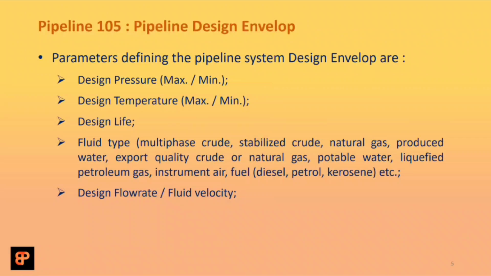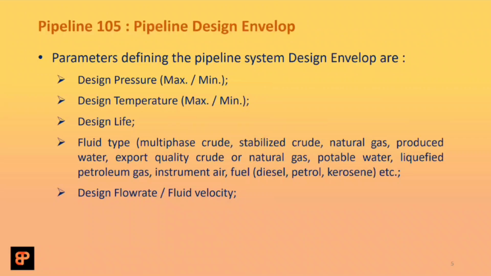So you can imagine that the sizing of the pipe, which is a process design part, will depend on type of fluid, design conditions, design flow rate, fluid velocity, and the upstream downstream pressure difference. So design flow rate and fluid velocity play a very important role in the pipeline design envelope.